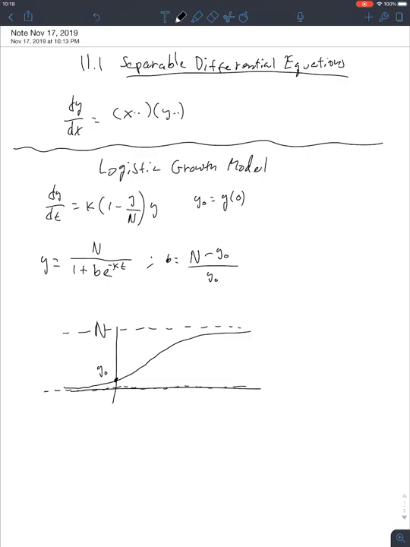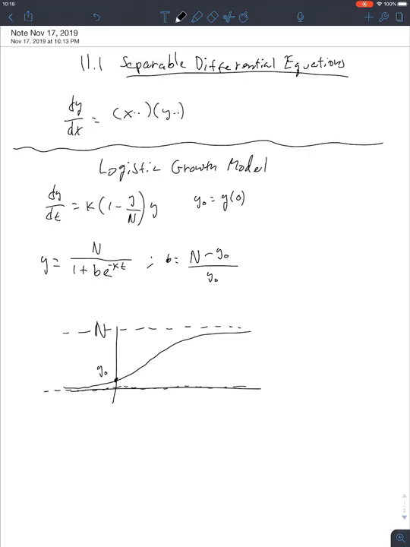Obviously, if it keeps growing exponentially, there's a cap. It can't just grow to be infinite. And so that cap is maybe because of the size of the area that it's in, or maybe how much food it has, or who knows what the limitations are. But there is a limitation, and that's what n is. N is the maximum this population, if you will, can be.